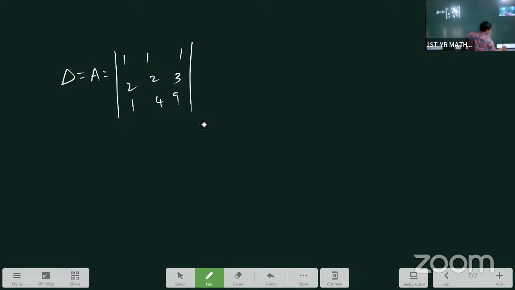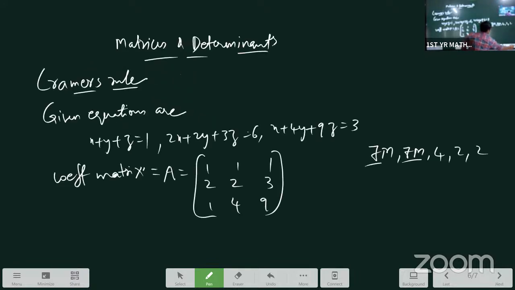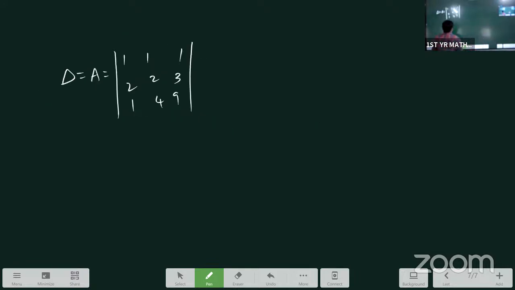So delta is the determinant of 1, 1, 1; 2, 2, 3; and 1, 4, 9. So first you are going to find the determinant of this coefficient matrix.